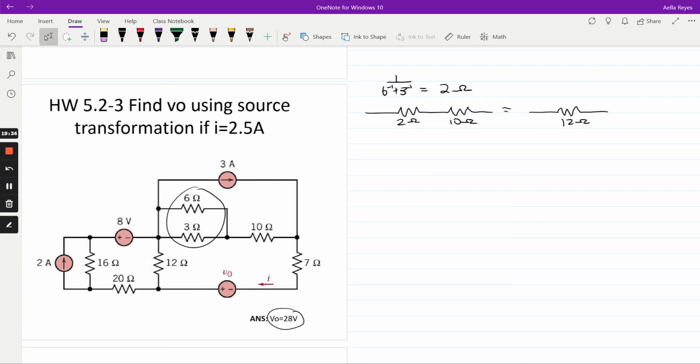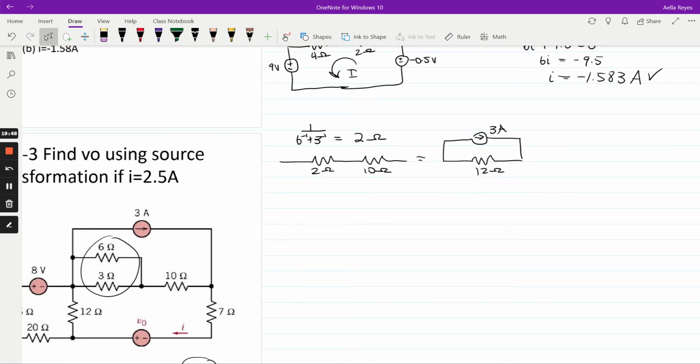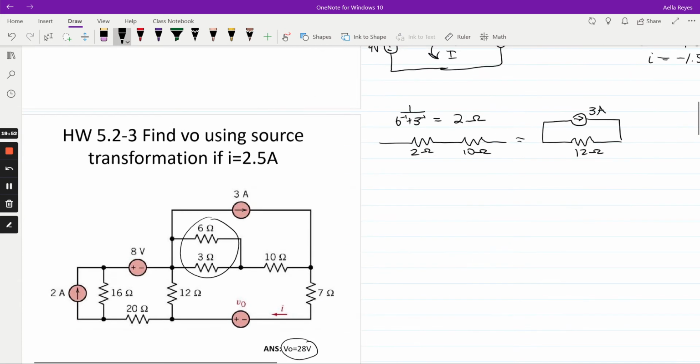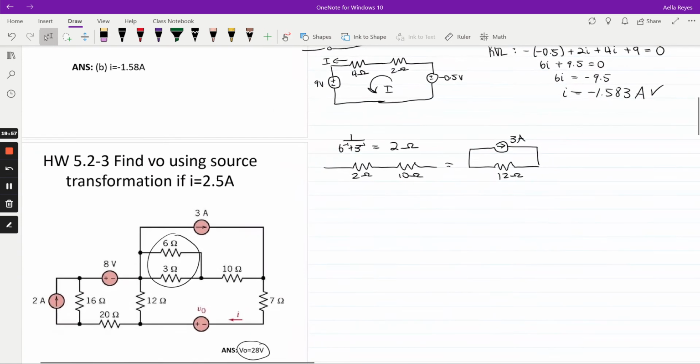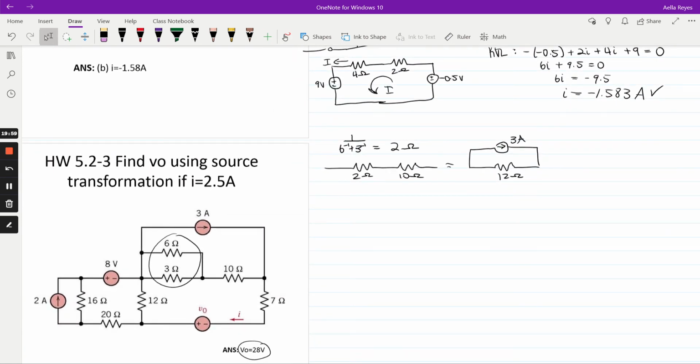Okay, so now that we did that, it's in parallel with this current source, which is 3 amps. So this little part right here, this top part, we're going to kind of switch it together before we tackle the rest. So it's one big rectangular circuit instead of this mess.